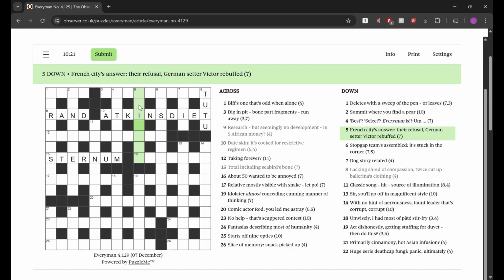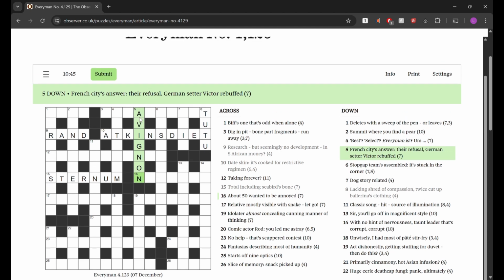French cities answer. Maybe the definition is... No, I don't know if it would be rebuffed. Thinking of French cities, like Nice or Marseille. Would it be Avignon?